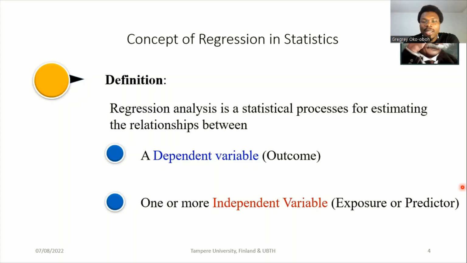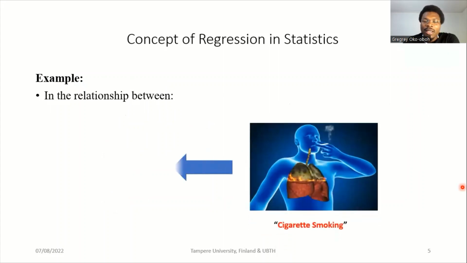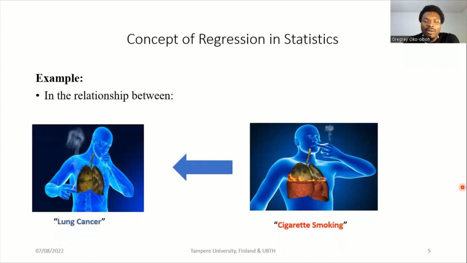Before we go on, it's important that we appreciate what is a dependent variable and what is an independent variable. For example, in the relationship between cigarette smoking and lung cancer, cigarette smoking is the independent variable or the exposure, and lung cancer is a dependent variable or the outcome.